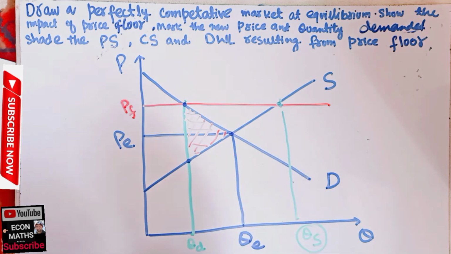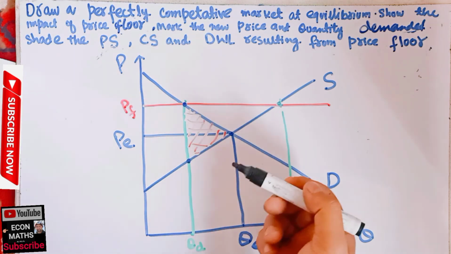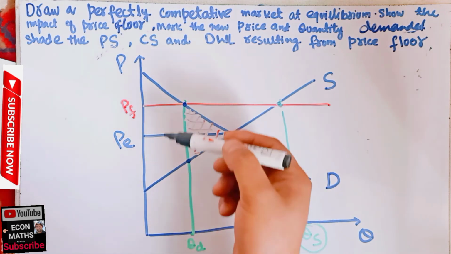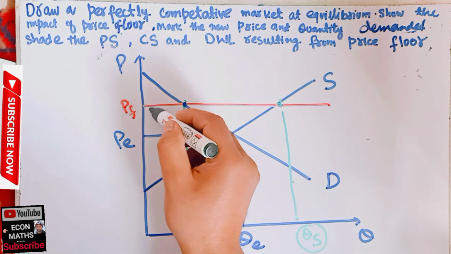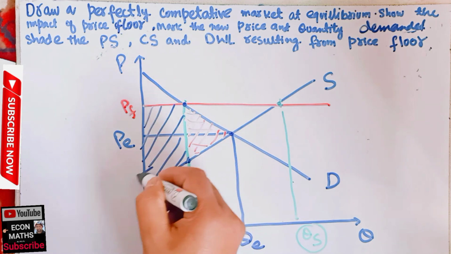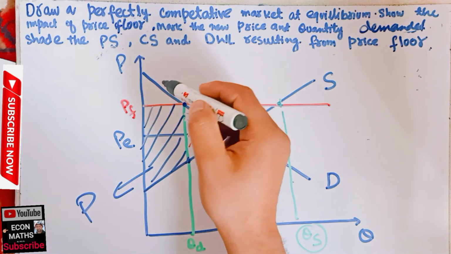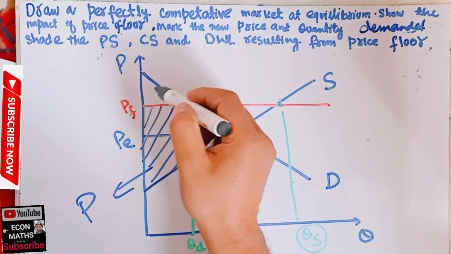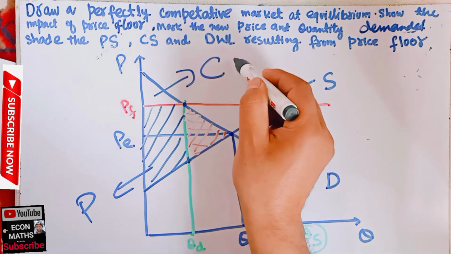And the economic surplus is just producer surplus plus consumer surplus. Our producer surplus in this case will be this area, which is below the price floor. And this triangle, which is above the price floor and below the demand, is our consumer surplus.